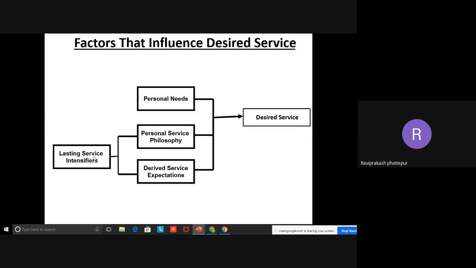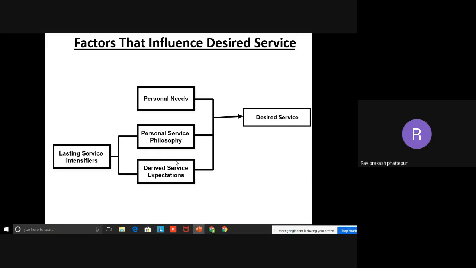So that is what heightened sensitivity to service is. One of the most important of these factors is called derived service expectations. Under lasting service intensifiers, we have two things. The first one is derived service expectations.